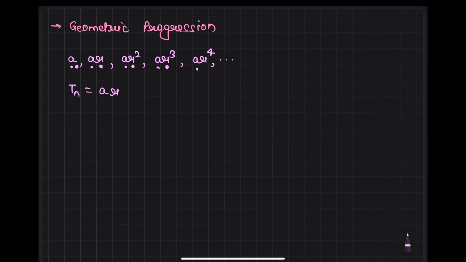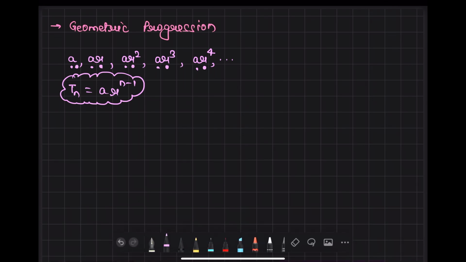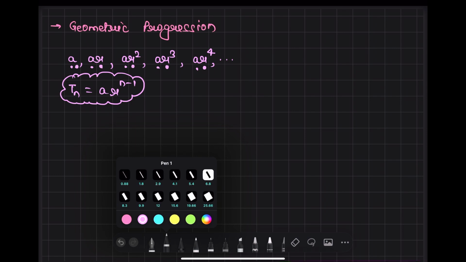Fourth term, 3. Fifth term, 4. This means that for any term, the power is reduced by 1. So for the nth term, you will put the power as n minus 1. So this is the formula for the nth term: ar to the power n minus 1.